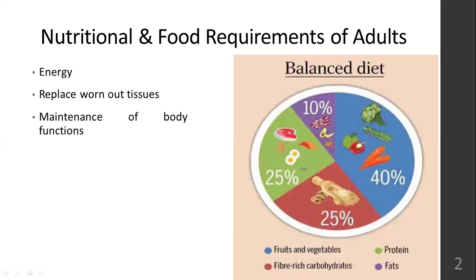For example, if you have antioxidant rich food, vitamin A, vitamin C, old cells will immediately fall off and new cells will take their position. So this replacement is a continuous process.